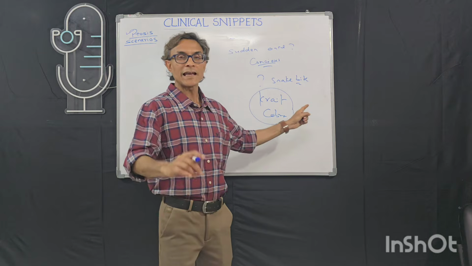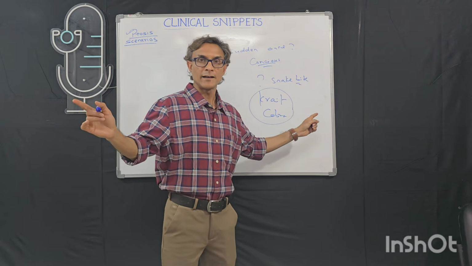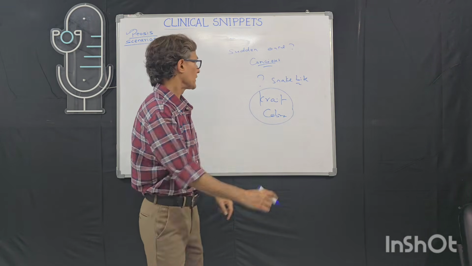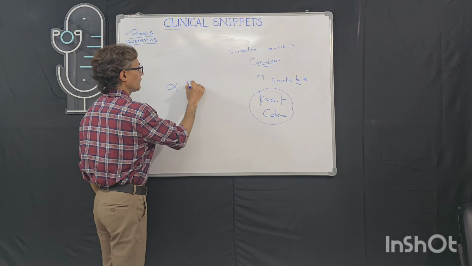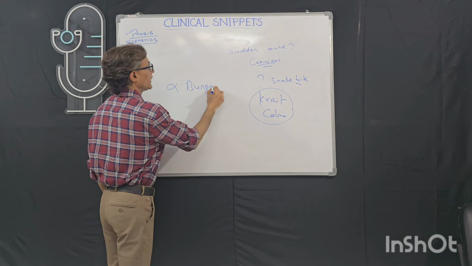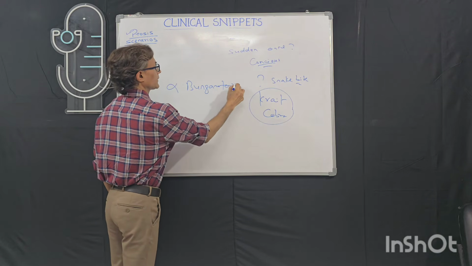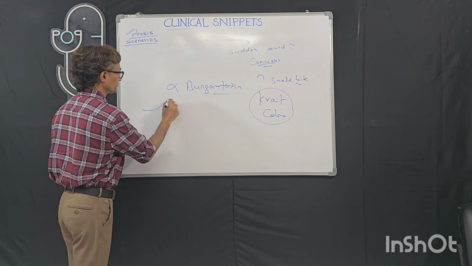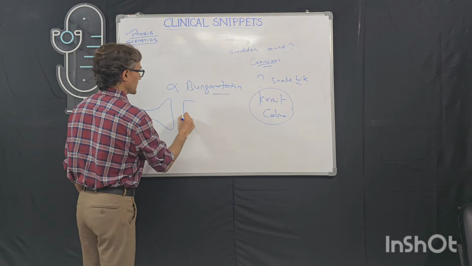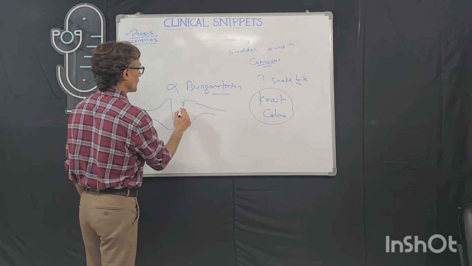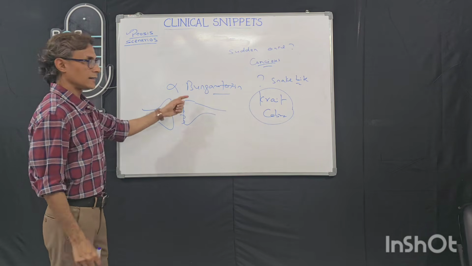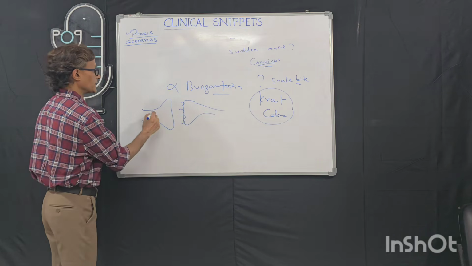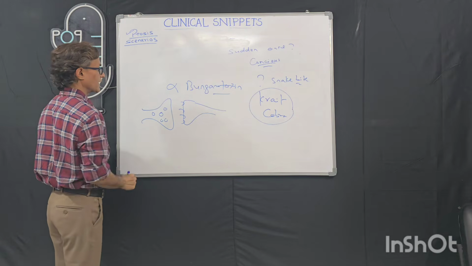So the clinical feature is like myasthenia ptosis, like myasthenia. Because again it is the neuromuscular junction, alpha bungarotoxin. It can involve the presynaptic level or postsynaptic level. So these are the nicotinic acetylcholine receptors, presynaptic vesicles.